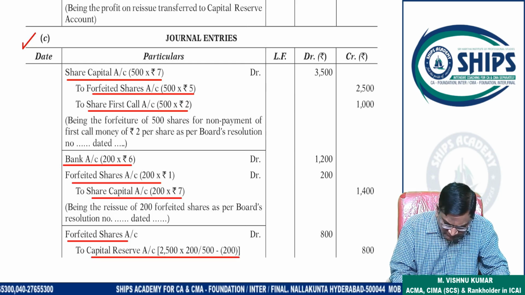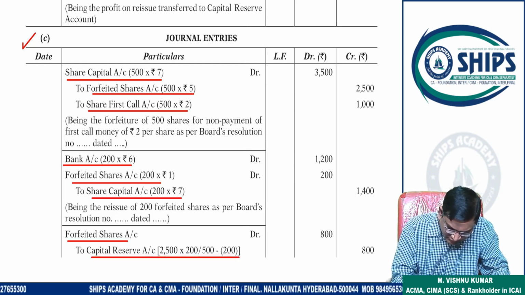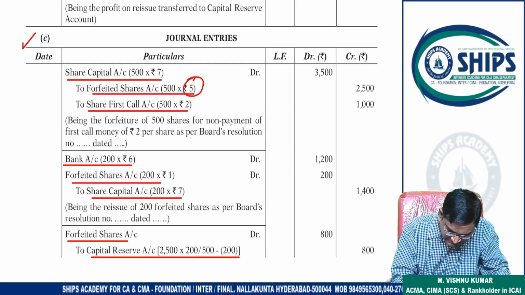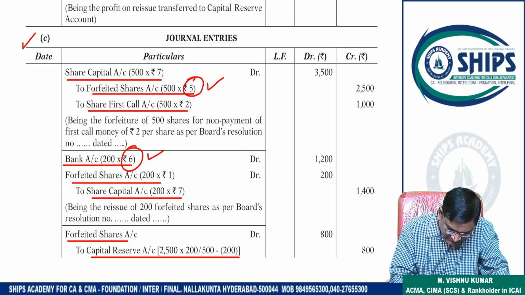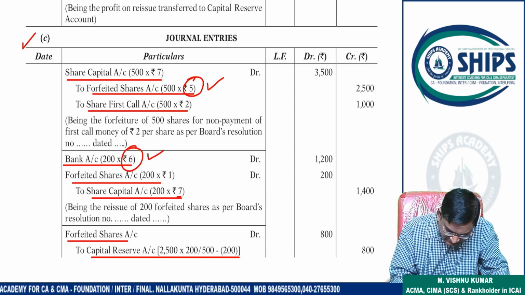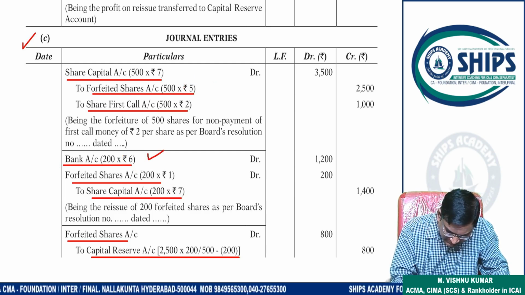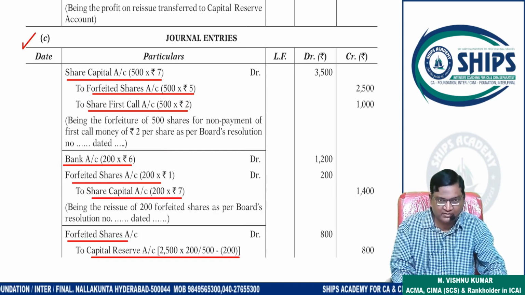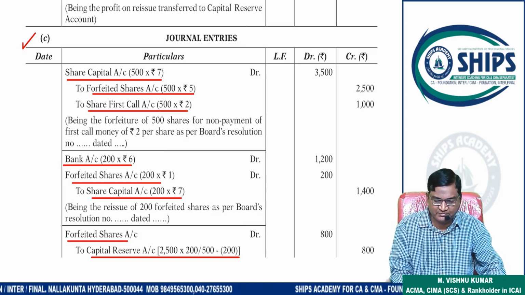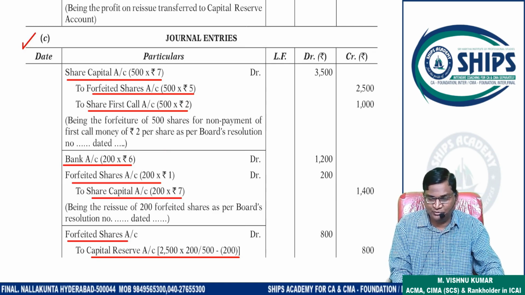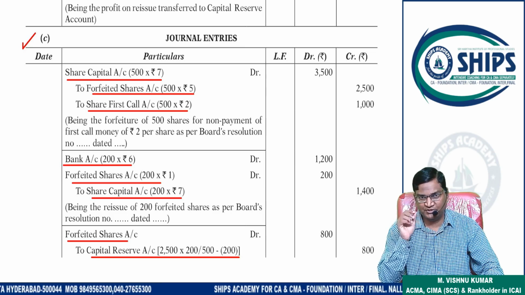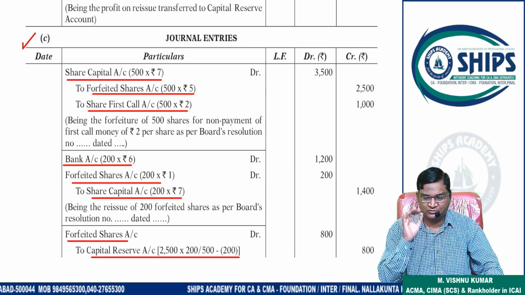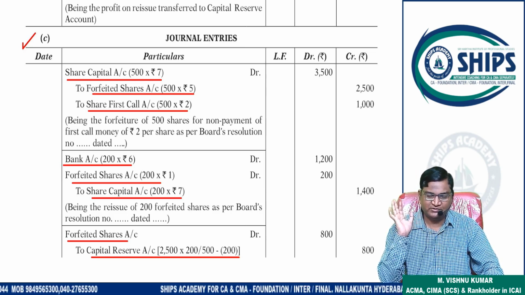This working note is not important. Previously how much you received, 5; now on reissue how much you received, 6; add both. And what is the paid up value now? 7. 11 minus 7 will give the gain. Understand? Presently your share capital value in the reissue entry is 7, so that will be subtracted; that will become the new face value.